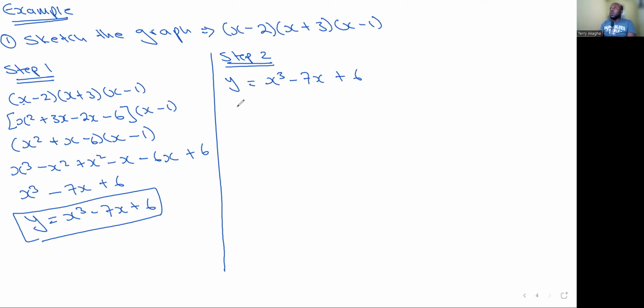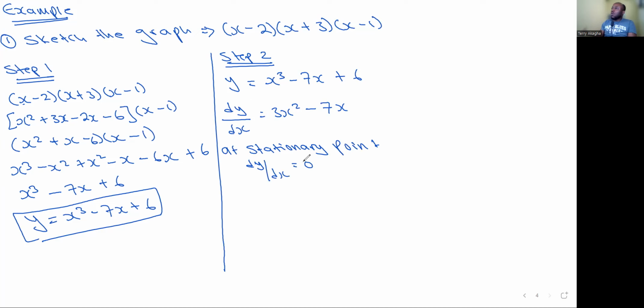Now, we know that we need to first find the derivative for this, the first derivative. Then dy/dx will give you 3x squared minus 7x. But we know that for our stationary point, dy/dx must be equal to 0.